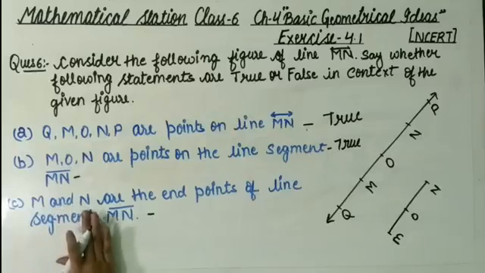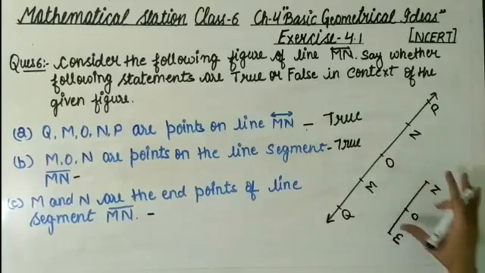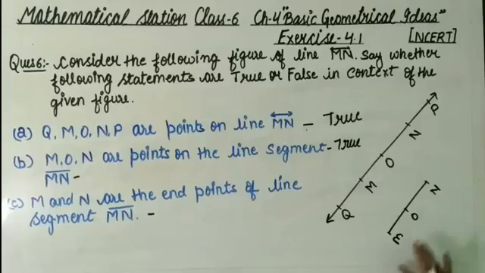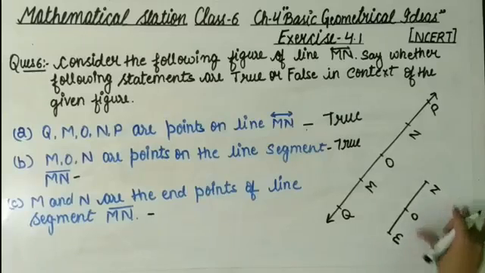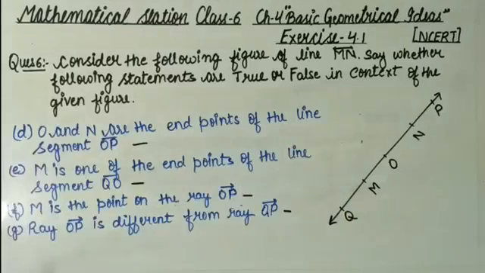Now next is: M and N are the end points of line segment MN. If we see line segment MN, then it clearly shows that M and N are the end points of this line segment. It is also true because both are end points.